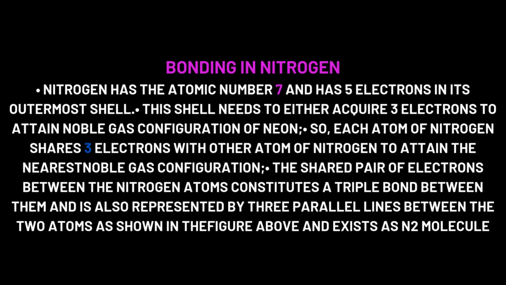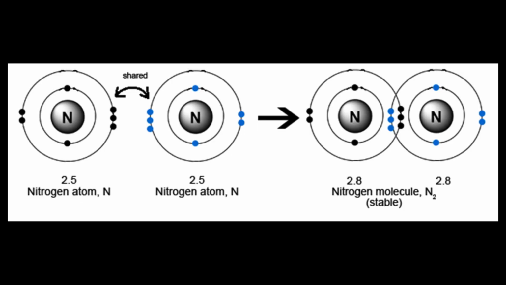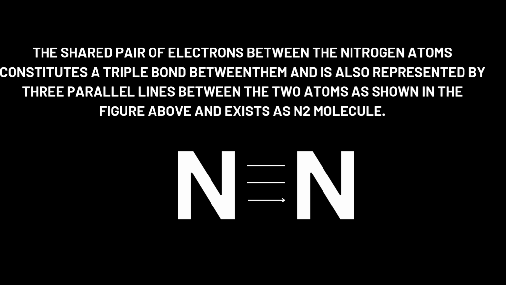So each atom of nitrogen shares 3 electrons with the other atom of nitrogen to attain the nearest noble gas configuration. The shared pairs of electrons between the nitrogen atoms constitute a triple bond between them and are also represented by 3 parallel lines between the two atoms, as shown in the figure.